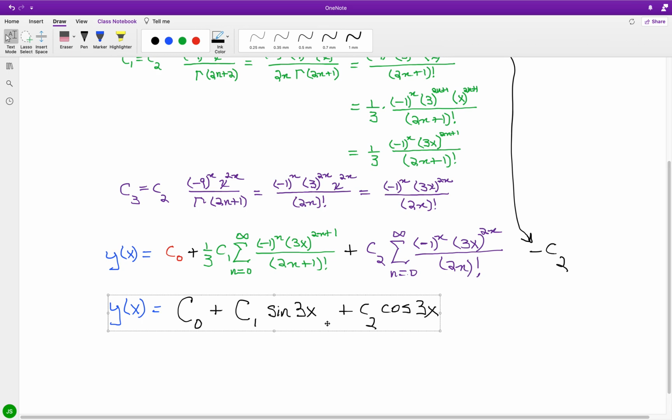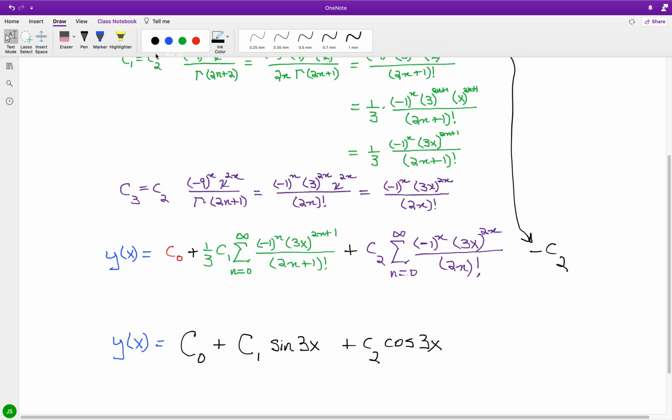So again, we have y of x. The difference between constants is still a constant, and 1/3 of a constant is still going to be a constant.